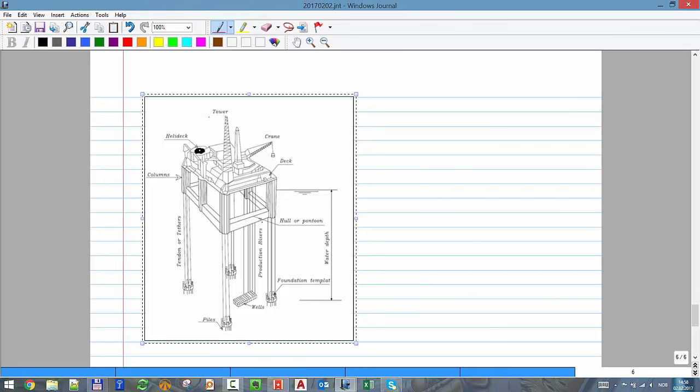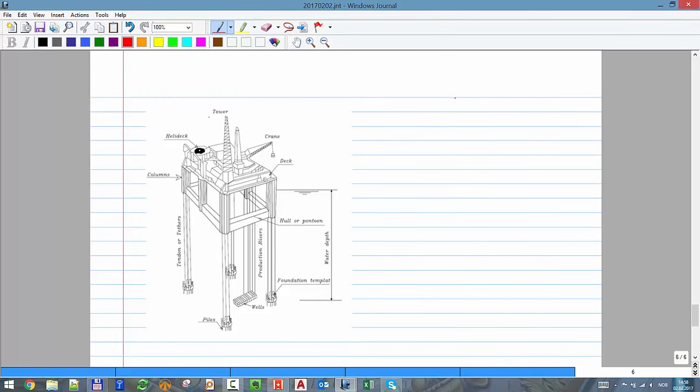So that's why it's called positive buoyant, because if you don't have the lines in place, it will just go up. But I have the lines holding it in place, so there is all the time some force. It's in equilibrium, but it will want to go up. Let's say here we have our platform, here we have the sea, and here we have these lines holding it in place.